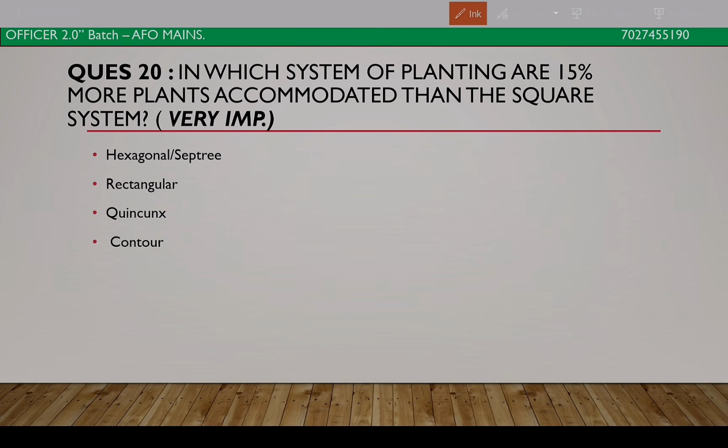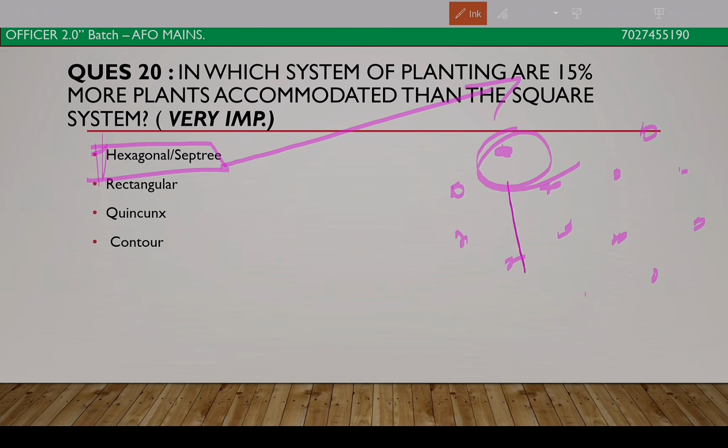The answer for this question will be hexagonal system. In case of hexagonal system, generally there will be 15% more plants. How the hexagonal system we do planting like this? There will be 6 trees like this. Okay. The next will be like this. In this system, we found 15% more trees.